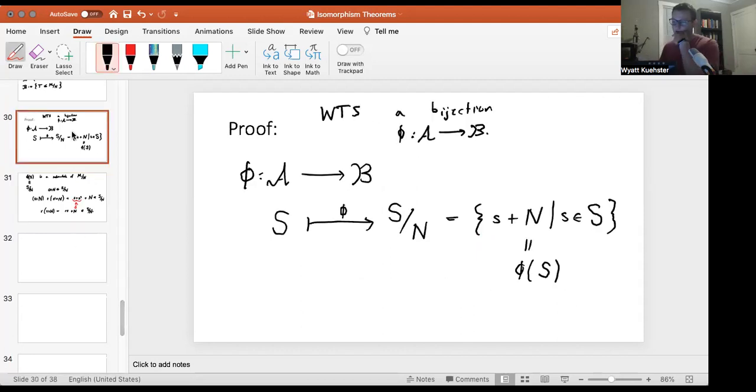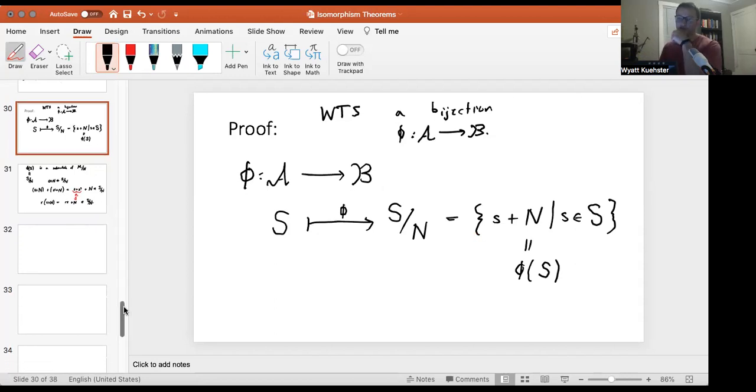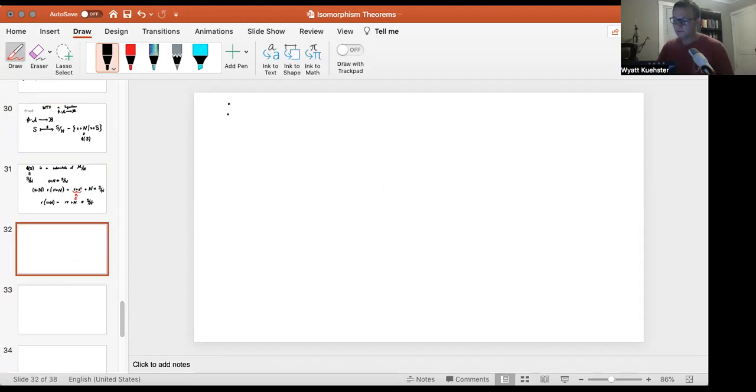How do I show that it's a bijection? Well, in order to show that something is a bijection, one of the ways is to show that it's onto and one-to-one. But sometimes the better way is to construct an inverse for it. So I'm going to construct an inverse. So to show that phi is a bijection, I haven't done this before, so I'm going to explain it in excruciating detail.